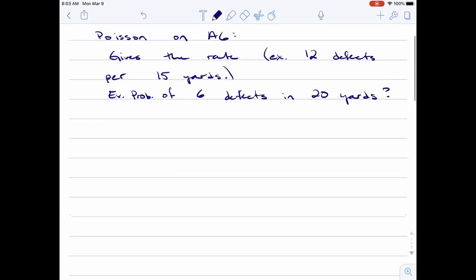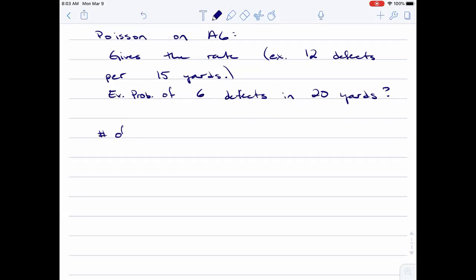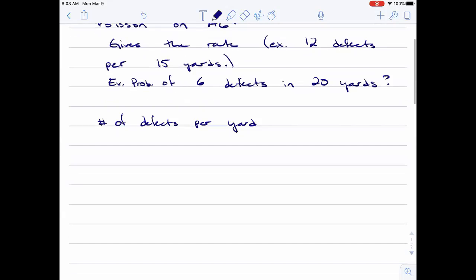So the number of defects per yard, well, we've got 12 defects per 15 yards. 12 divided by 15, 0.8 defects per yard.